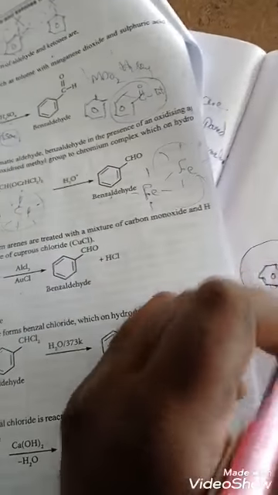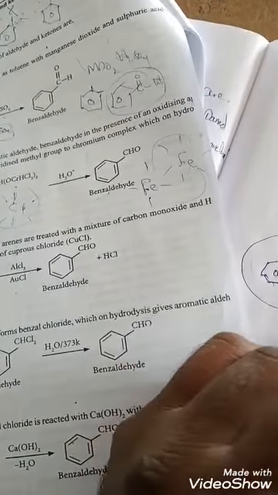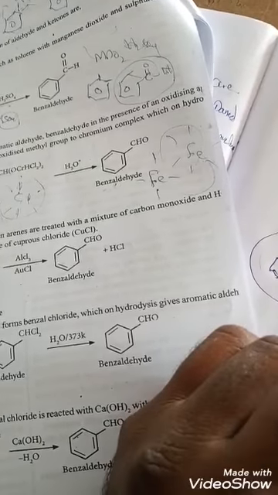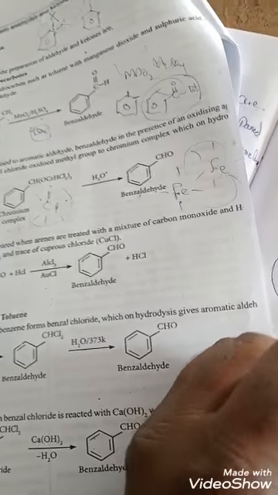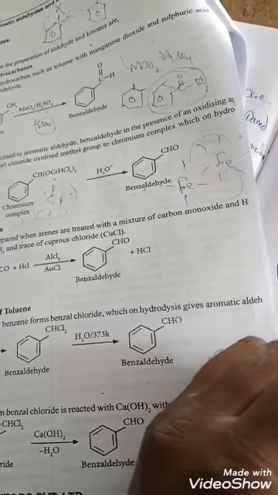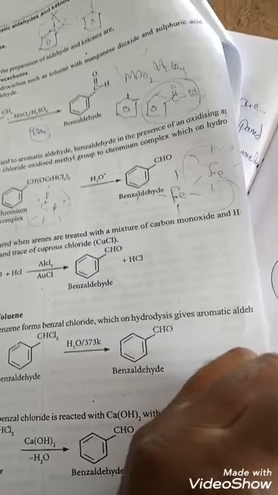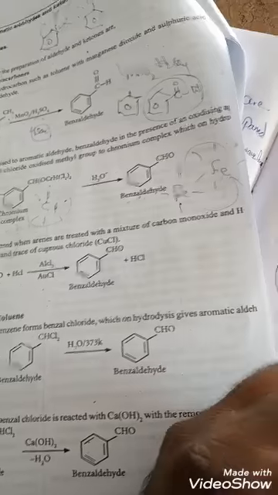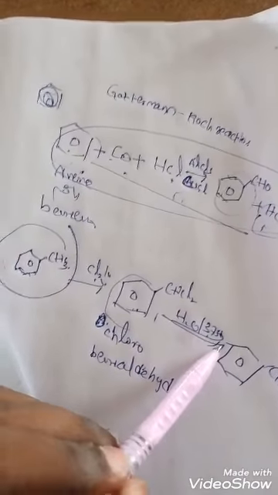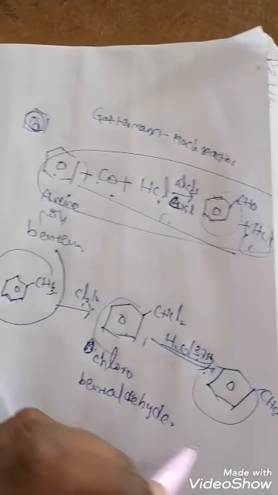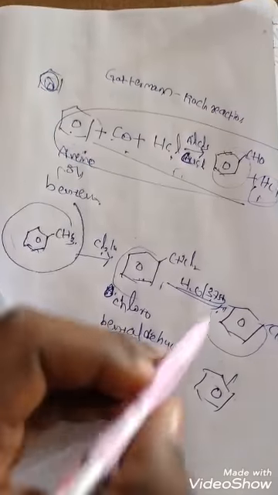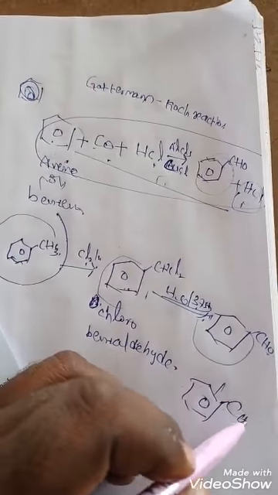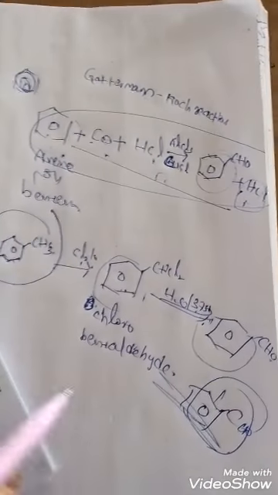So first we take toluene in the presence of chlorine to form chlorobenzaldehyde, and then with H2O at 373 Kelvin it forms benzaldehyde. This is the benzaldehyde.